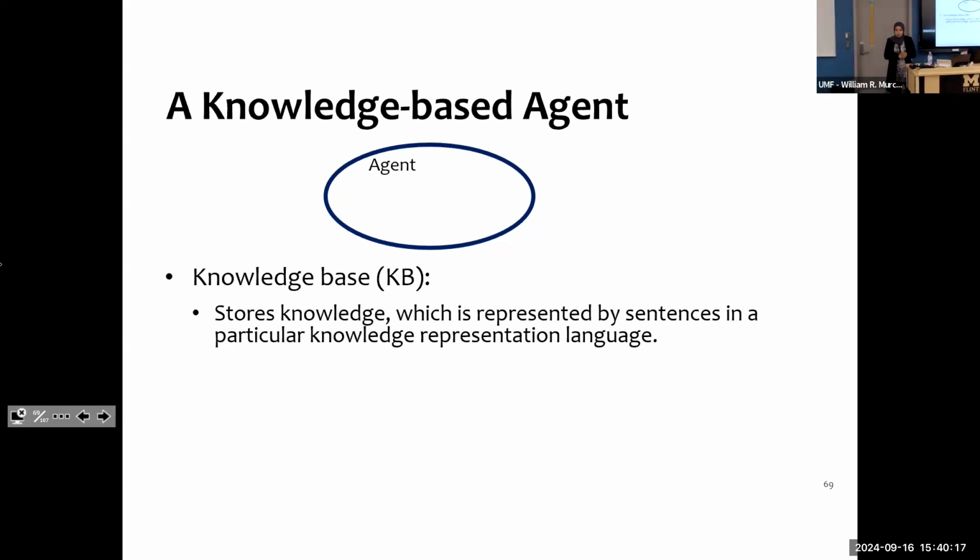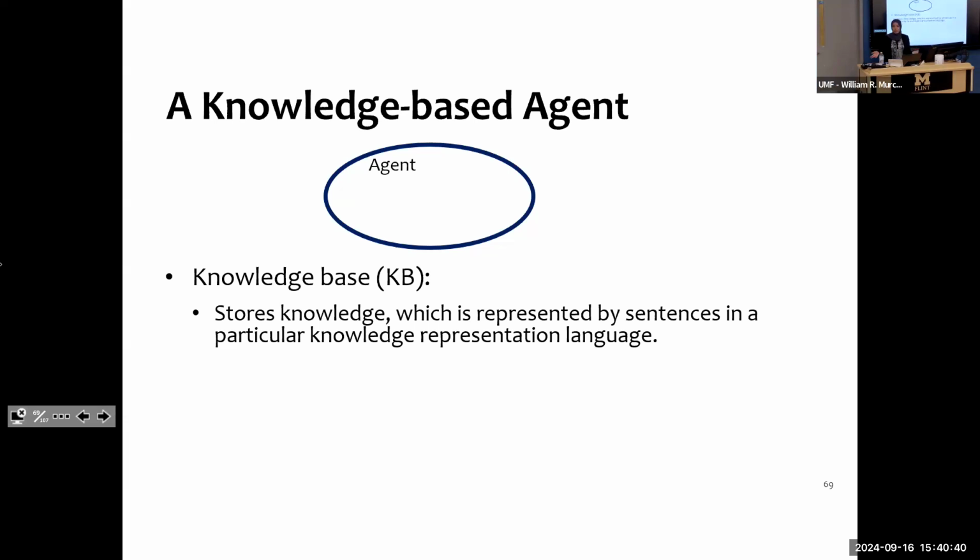In this course, the knowledge base is going to be denoted by KB. The knowledge base stores knowledge, which is represented by sentences in a particular knowledge representation language, whatever the language.